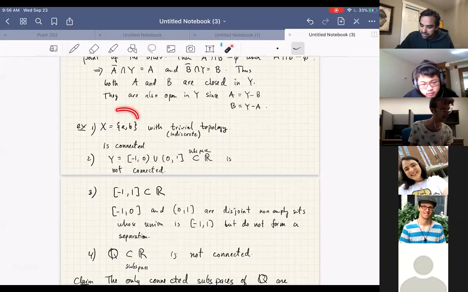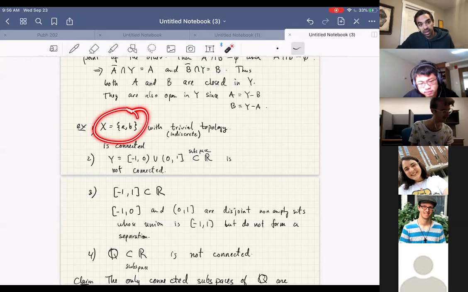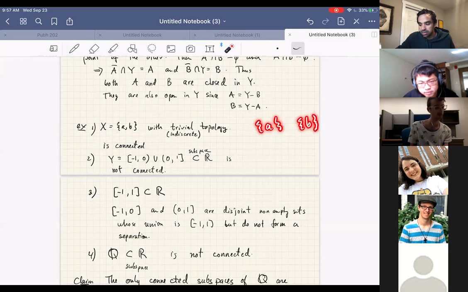However, if I equip this set with the discrete topology, then it becomes not connected. Because if X is equipped with the discrete topology, then that's an open set, and that's also an open set. They're not empty. They're disjoint, and their union is X in the discrete topology.